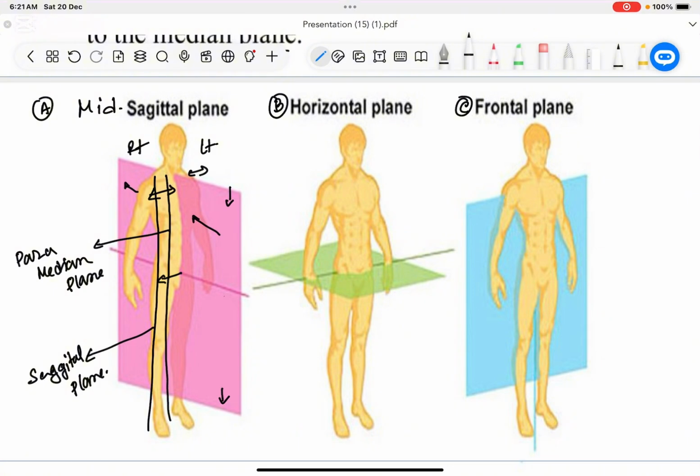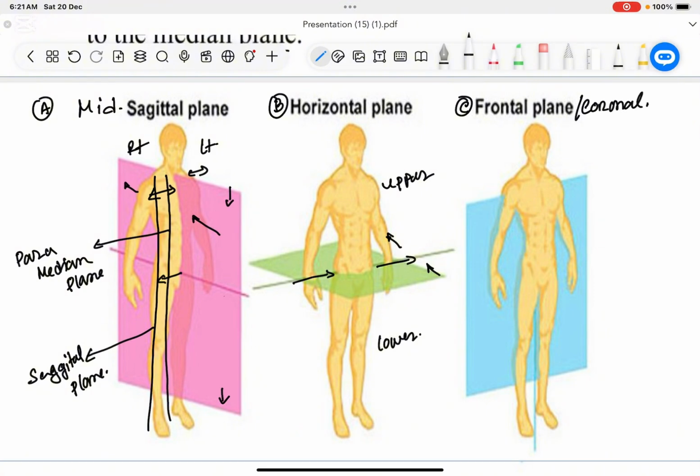Next, in figure B we can see the horizontal plane. The horizontal plane passes from side to side and from front to back, and it divides the body into upper and lower parts. Then in figure C we can see the frontal plane, or another name for this is the coronal plane.